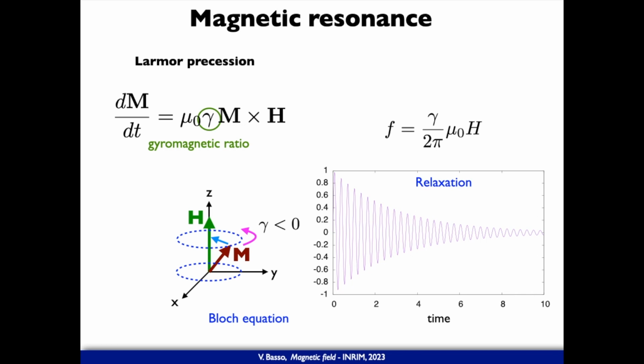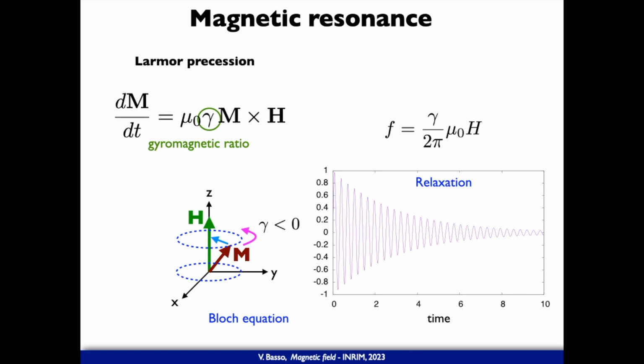So the typical magnetic resonance plus relaxation will be described by an equation more complicated with respect to Larmor precession, but essentially will be composed by one oscillatory part and one damping part. So this is what typical magnetization in time will look like: oscillations plus decrease.